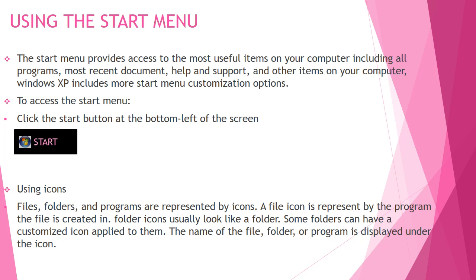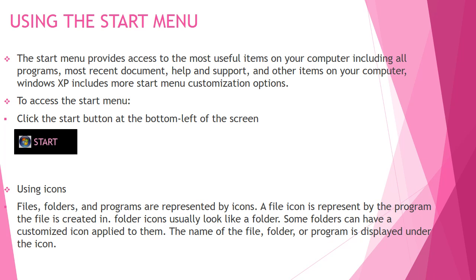You will be able to see the settings. Once you click on settings, you can see multiple applications there, like Bluetooth and other things. Whatever you want to search for, any application, you can go to the search button and search for it. So we call it the start menu.